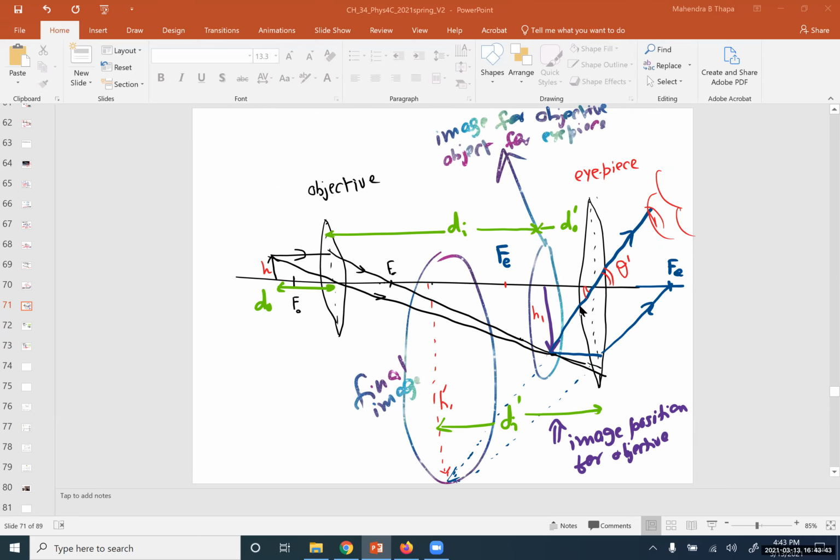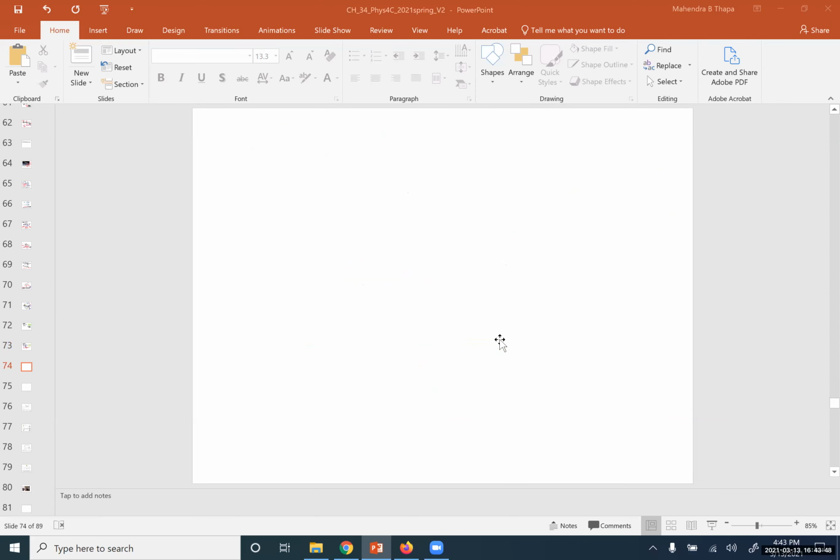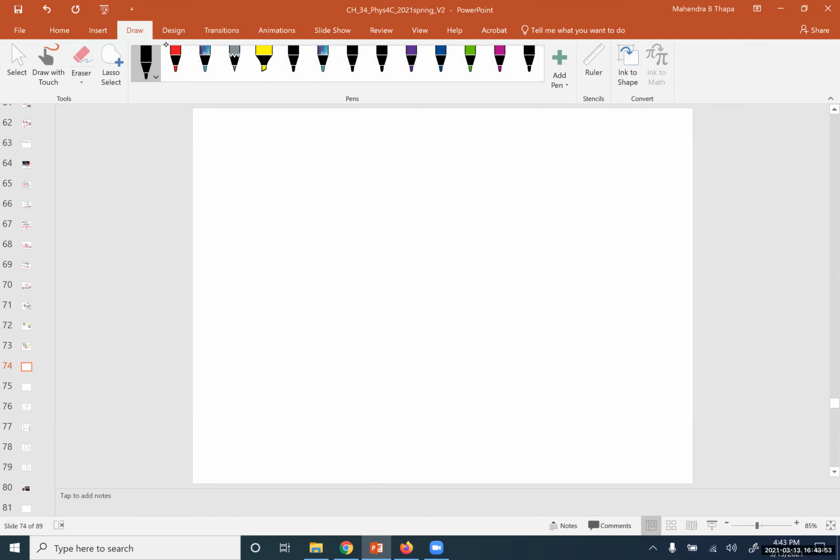So let's see this angle theta prime. We can use this small triangle, or we can take this big triangle. So you can write tan theta prime equals hi over d naught prime, okay? Or we can use tan theta prime equals hi prime over di prime. We can use either one.